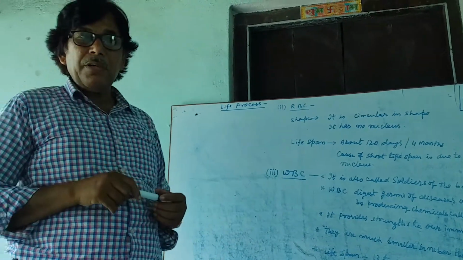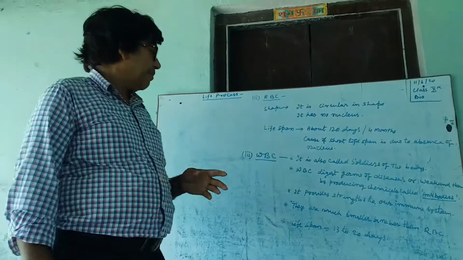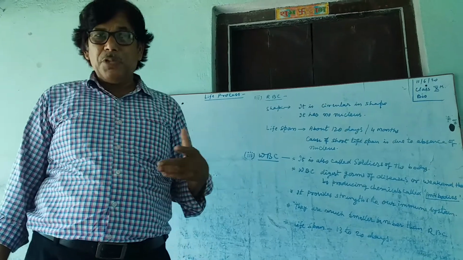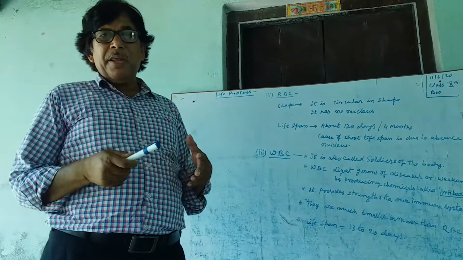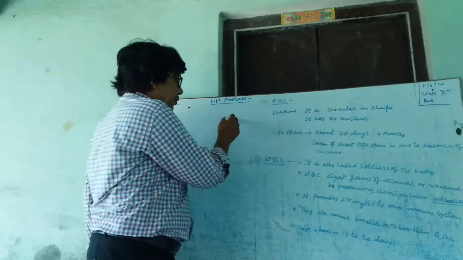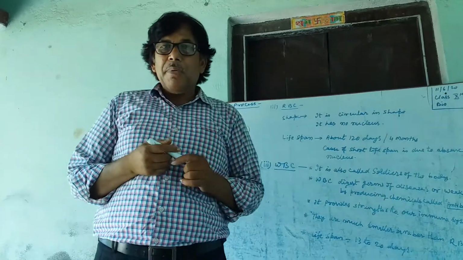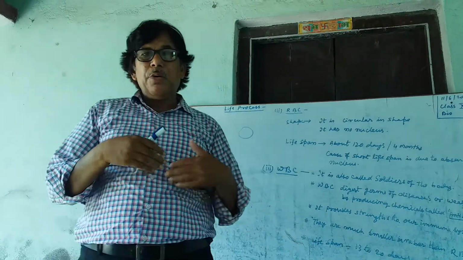In case of human RBC there is no nucleus, but in case of camel there is a nucleus. Lifespan is about 120 days or 4 months approximately, and this short life span is due to the absence of nucleus. Since RBC do not have nucleus, its lifespan is short, but we should not worry because it is prepared in our bone marrow rapidly.